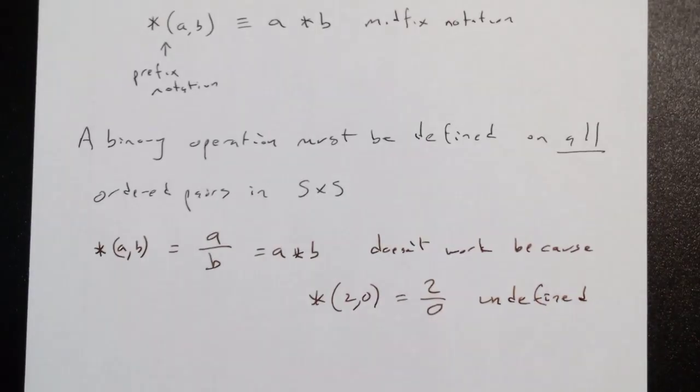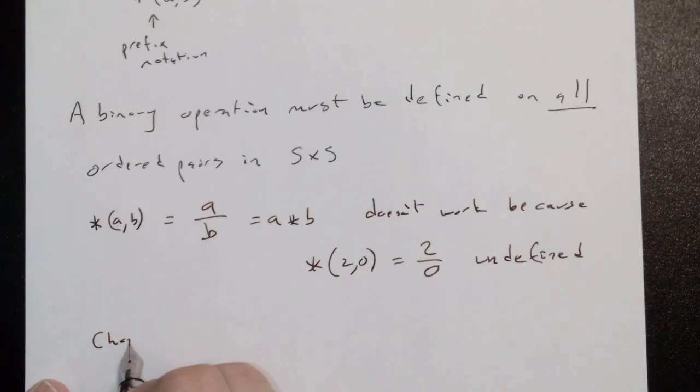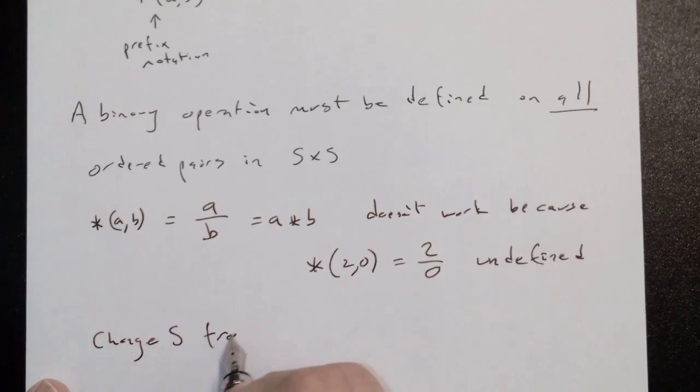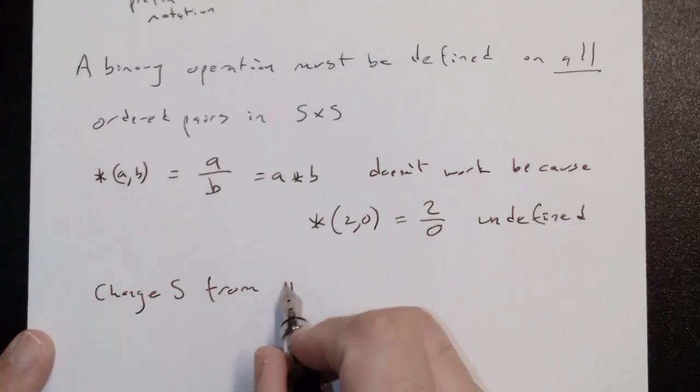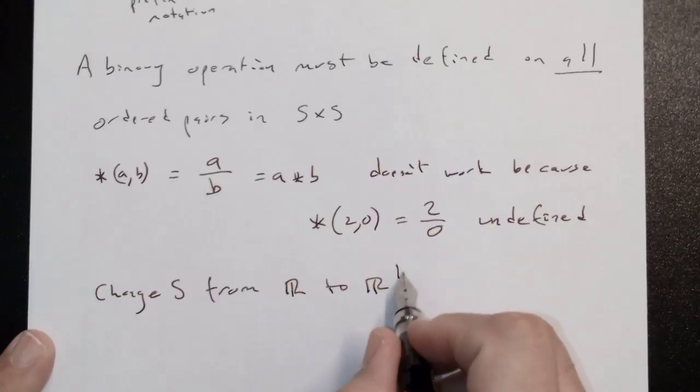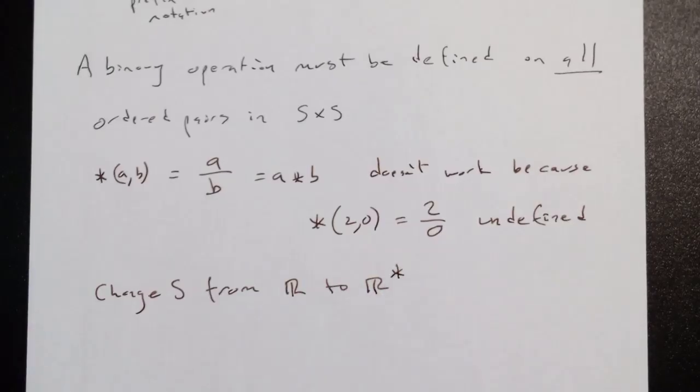Could you still do a prefix notation when you define A, B as being not equal to 0? So if I change my set, I can make things work. So I could change that, right? Now I don't have 0 in the set.